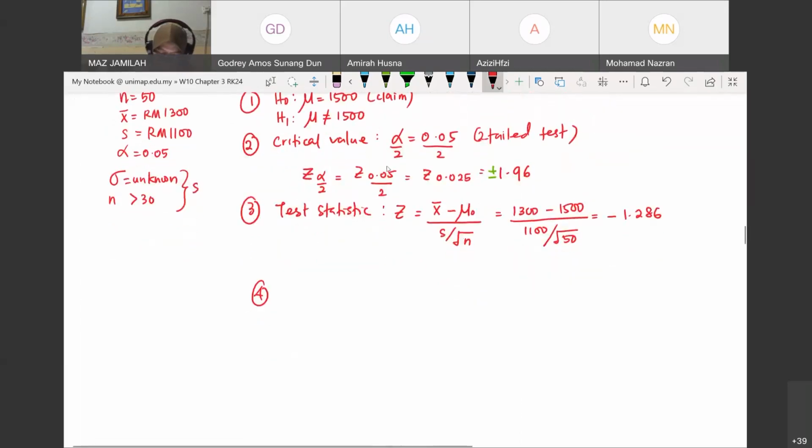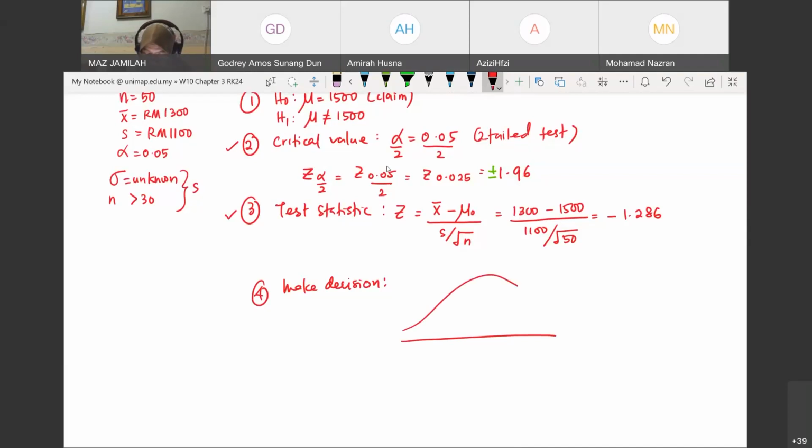Then we need to make a decision. When we make a decision, you will have to use your answers in the second step and the third step. I usually prefer to use the distribution so that you can discard them easily.